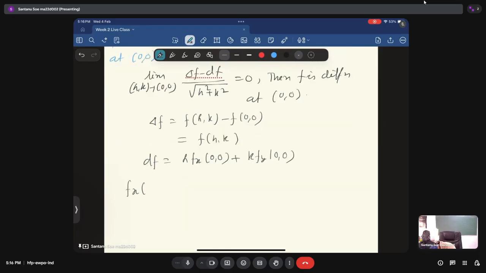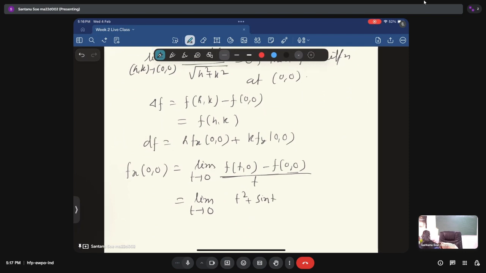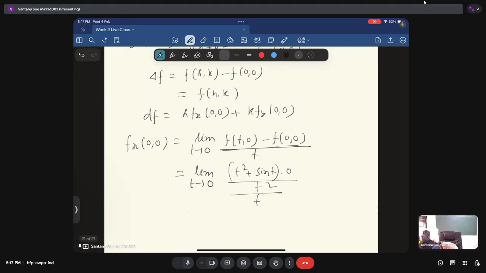So now fx(0, 0) is nothing but the limit as t tends to 0 of f(t, 0) minus f(0, 0) divided by t, and this is the same as the limit as t tends to 0 of (t square plus sine t multiplied by 0) divided by t square, divided by t, and this is 0.